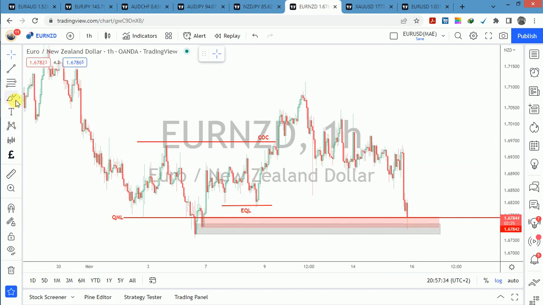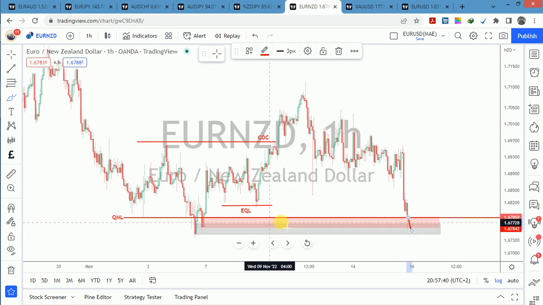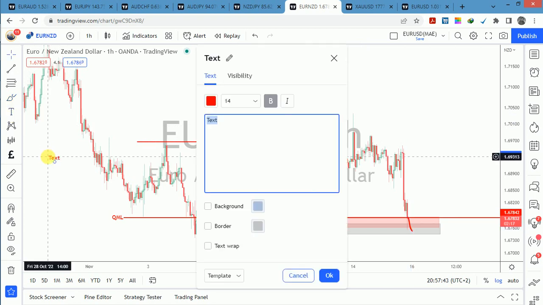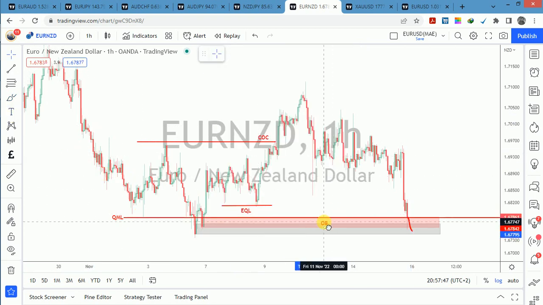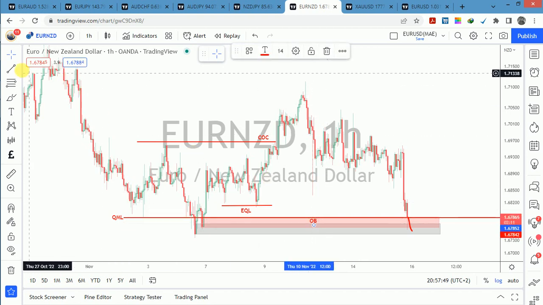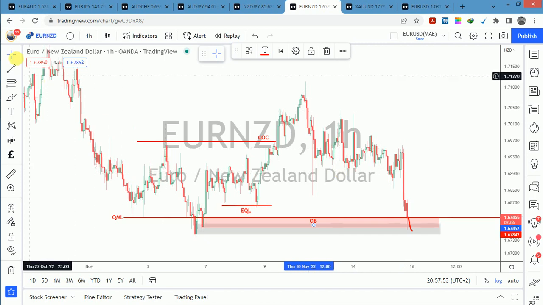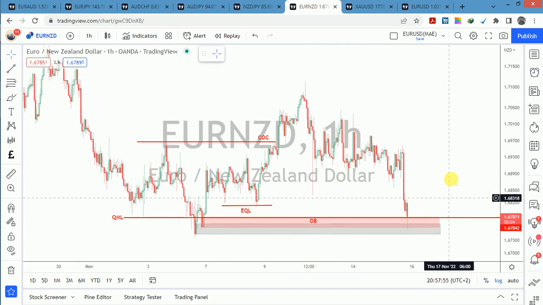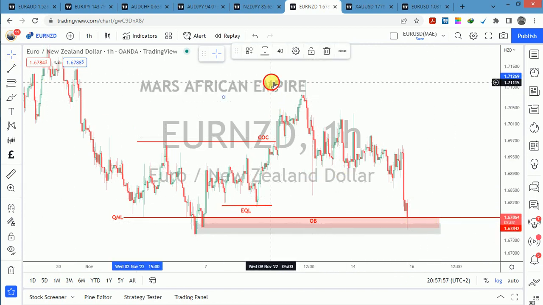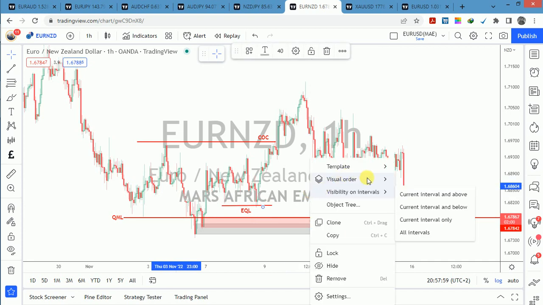So right now I can see we already tapped into the demand zone. We already tapped into the order block. So there is a possibility for this pair to go up immediately.